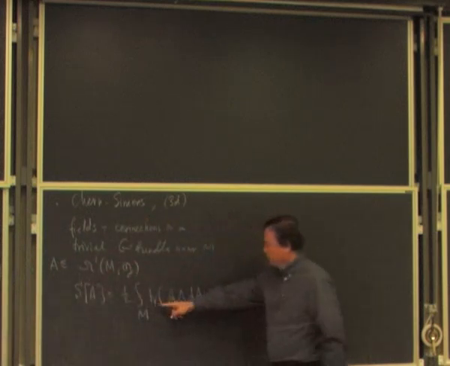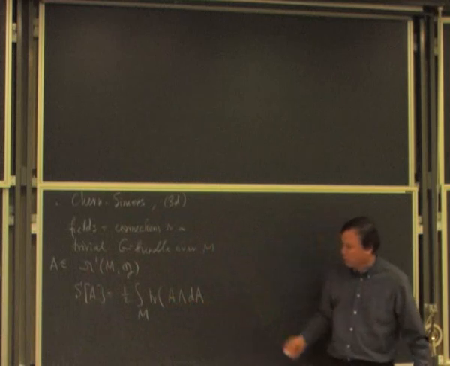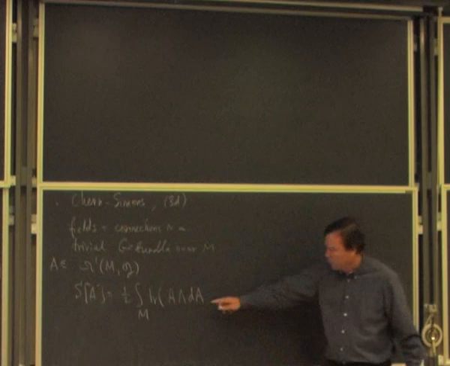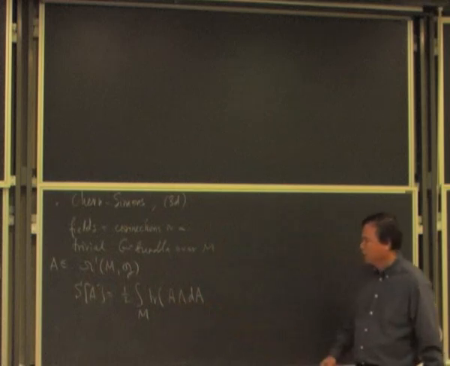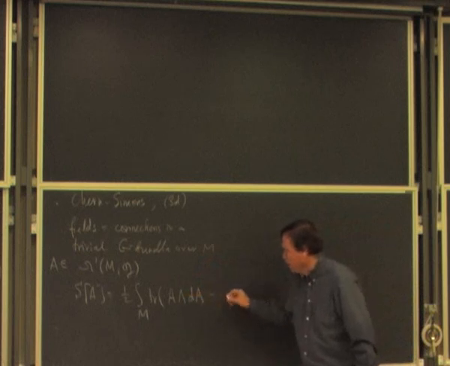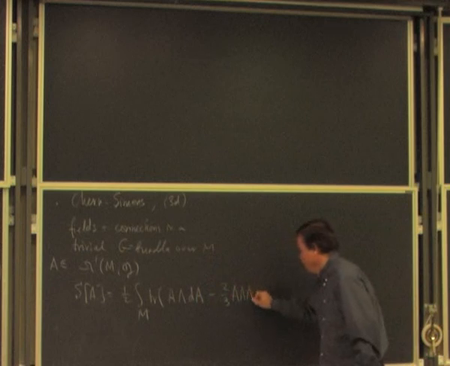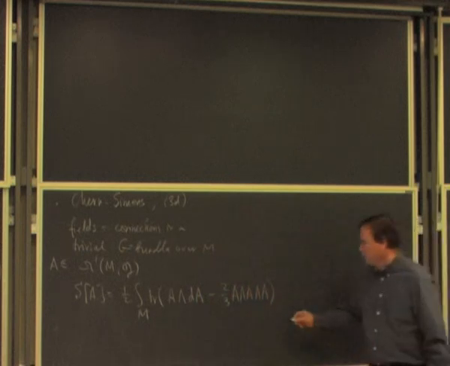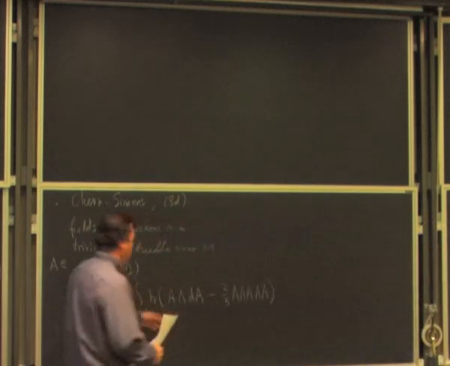After taking trace, which means that we take the Killing form of the tensor product of these elements of the algebra, this is a 3 form. Another natural 3 form is A wedge A wedge A, and this combination is special.